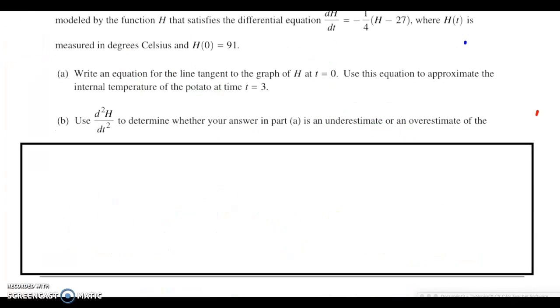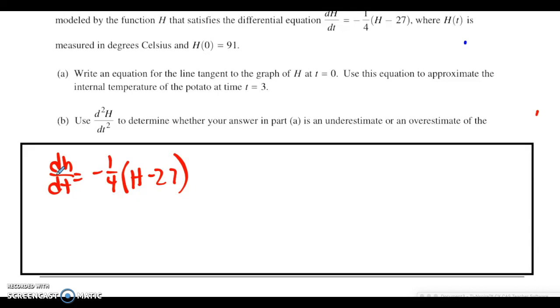Now they asked me to use d squared h over dt squared to determine whether my answer is an underestimate or an overestimate. Okay, well let's see. So if I know dh/dt equals negative 1/4 (h minus 27), I'm going to find the derivative of that function.